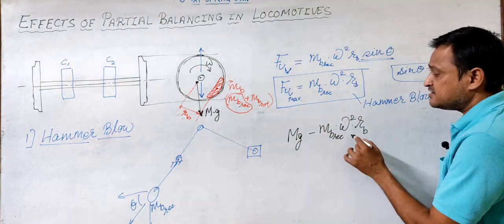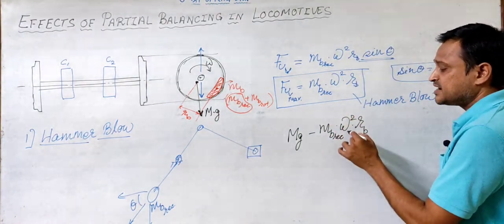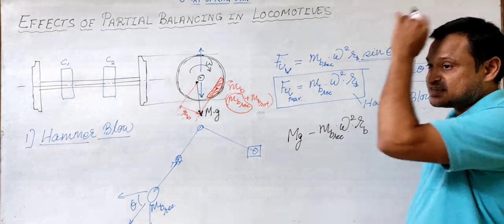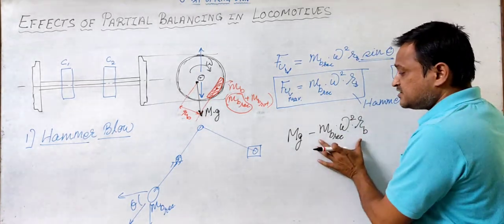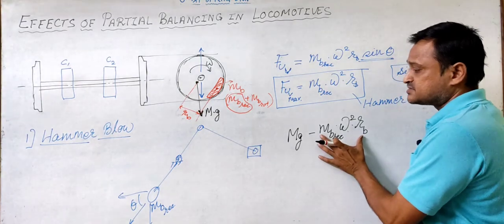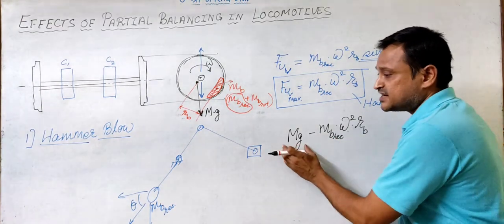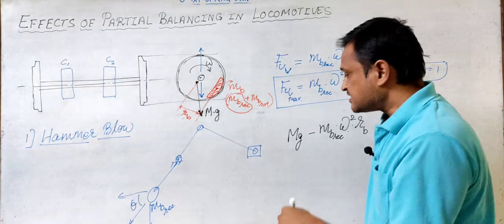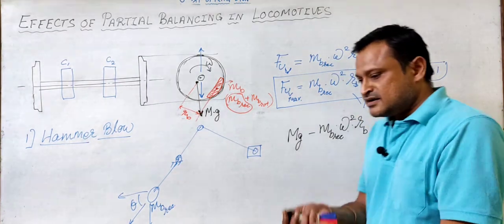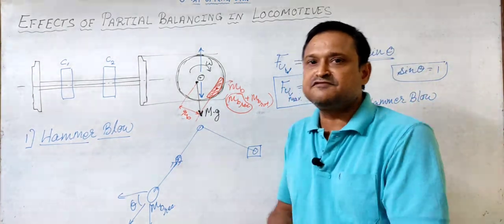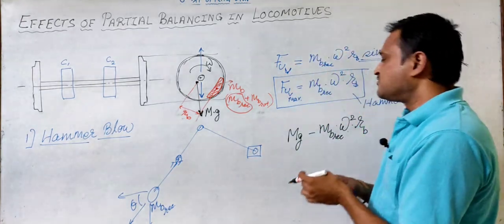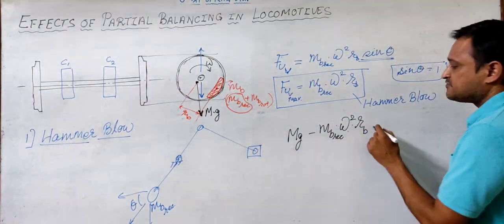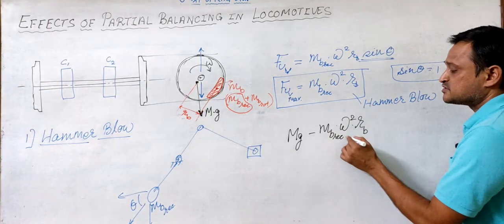But if omega is increasing and it increases such that the magnitude of this upward force is greater than the dead load, in that case the wheels will be lifted from the rails, right?